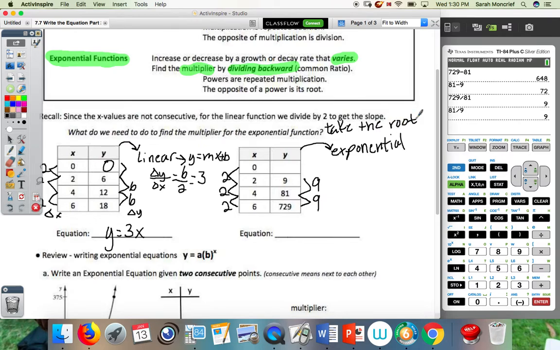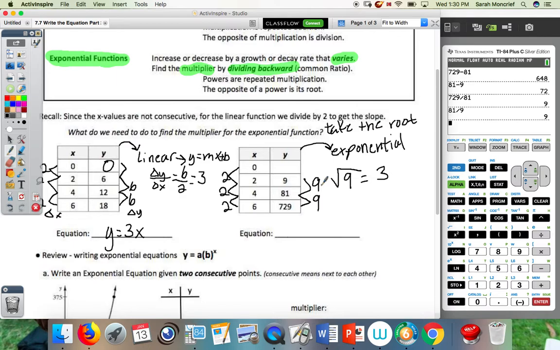Remember, a long time ago we talked about taking the square root, which was just the opposite of squaring. So if we have 2 here, we are going to take the square root. What is the square root of 9? Well, that would be 3. So we know that our multiplier is going to be 3, which is great.